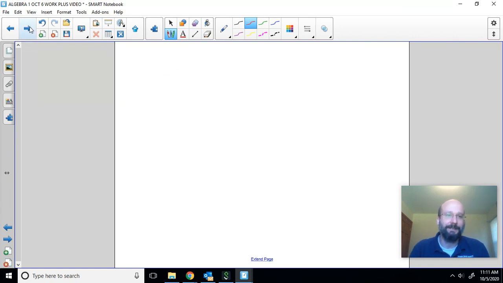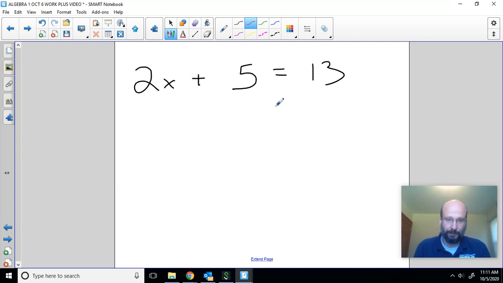So what I've done is I've created examples of two-step problems. So this is 2 times x plus 5 equals 13. You always want to do your subtraction and your addition first if you have one of those. So let's take a look at this.